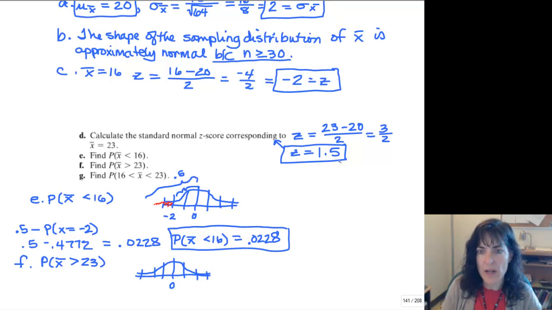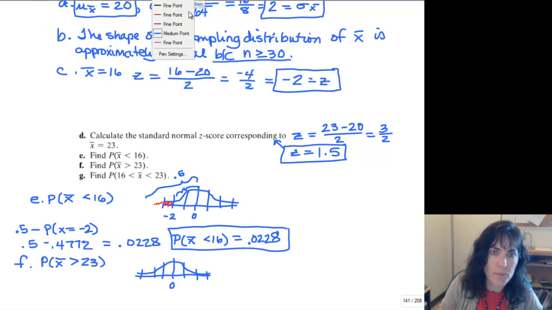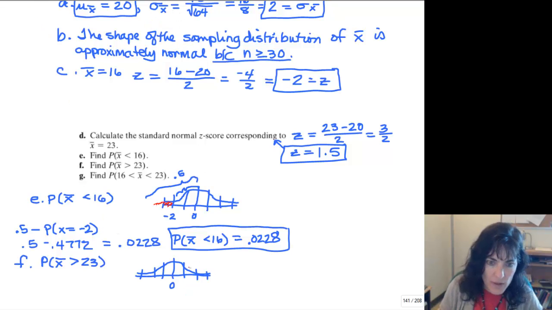There's my 0, and I know that I had a 1.5 for my z of my x bar of 23. My z is 1.5. So if I draw that in, that would be right about here, 1.5. And I want to know the probability that we're greater, so we're going off to the end.